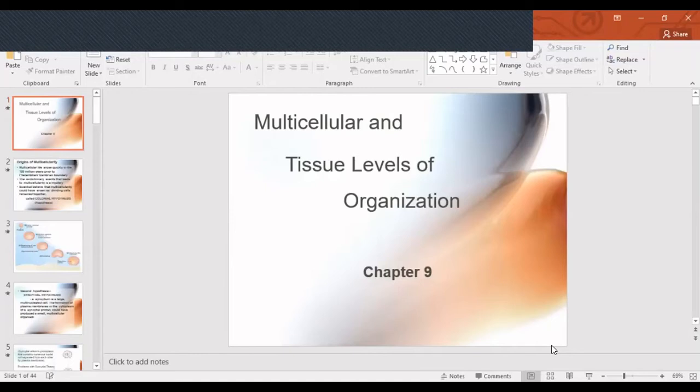So there are 2 theories regarding the development of multicellularity of the organism. And bakit nagkaroon ng multicellular or mga colonial development that leads to operating as one organism.